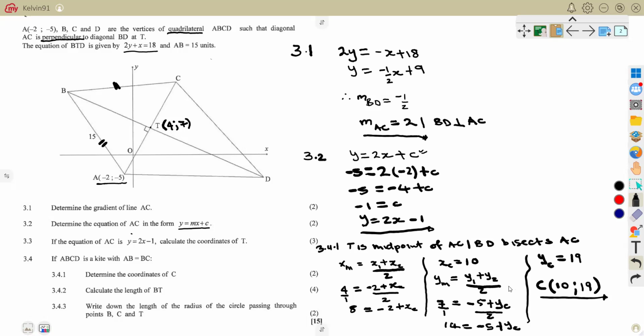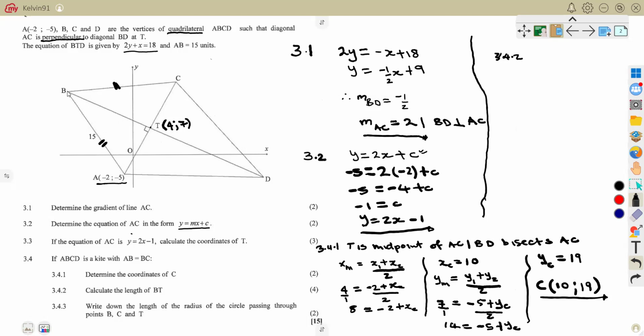Then, in the next question, which is 3.4.2. They are saying calculate the length of BT.